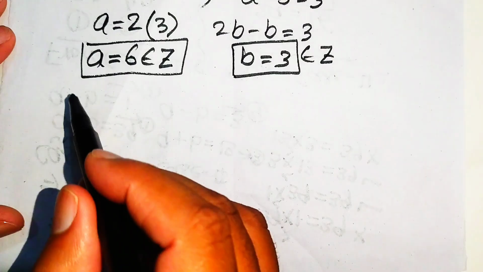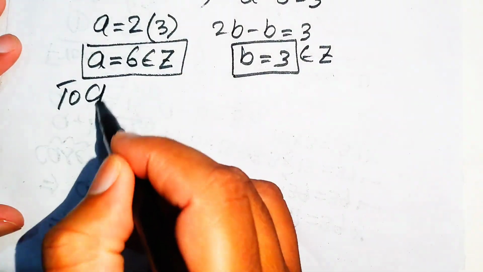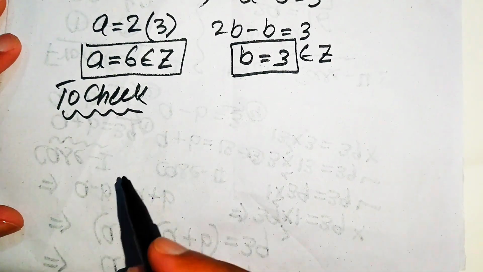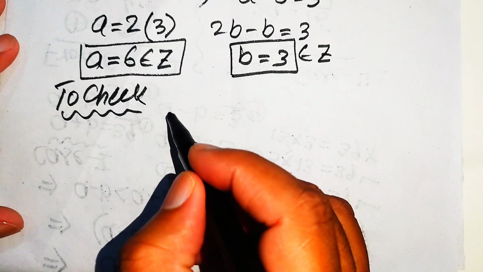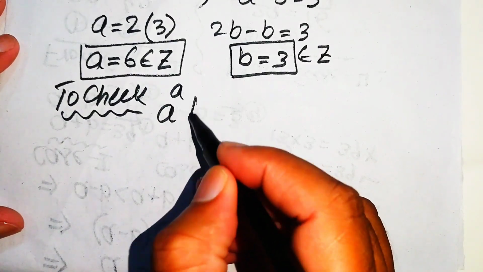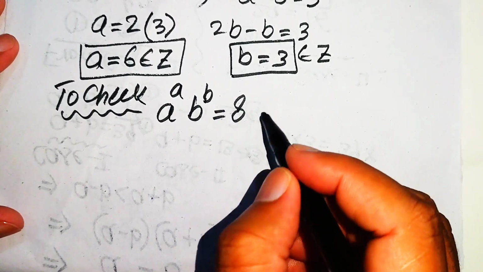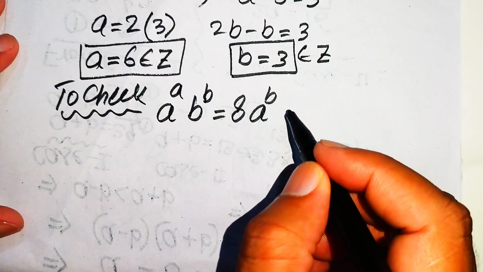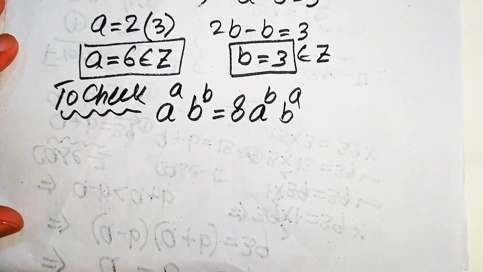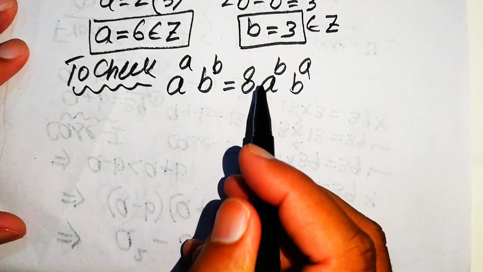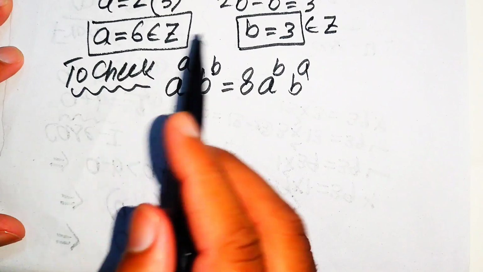And now we check this solution. Does this solution satisfy our given question statement or not? So here we first copy down the question statement. It is a to the power of a into b to the power of b equals 8 times a to the power of b into b to the power of a. Here we first substitute the values of a and b.